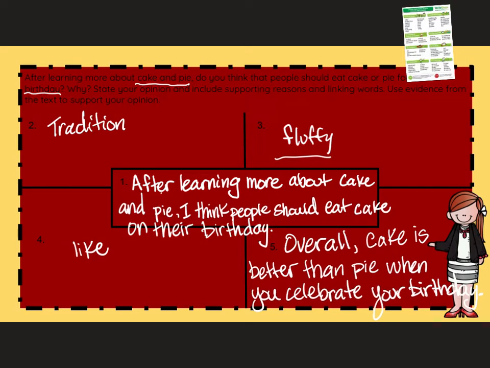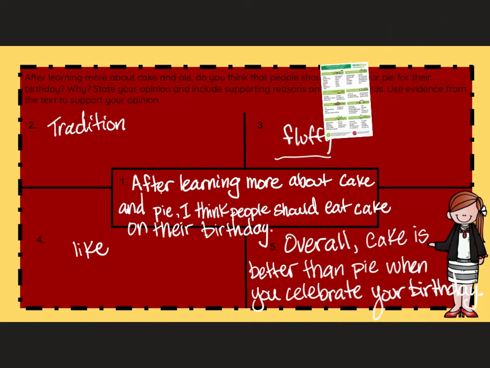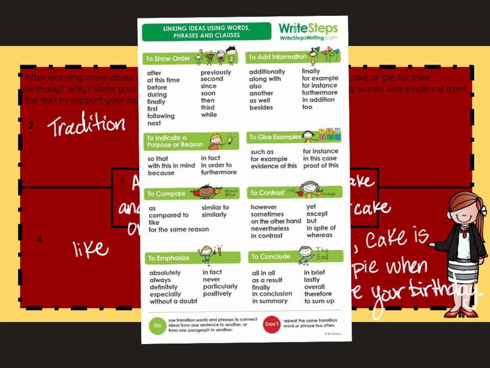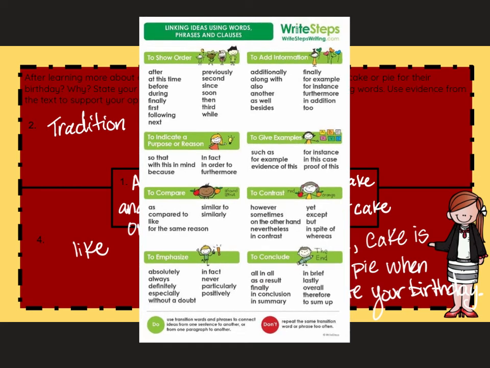reason sentences. So I'm going to again take a look at these transition words, and I believe that I want to show order. Ooh, that's not a good color for that. I want to show order.